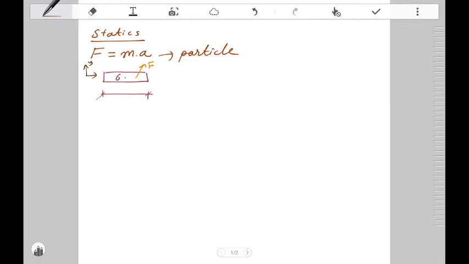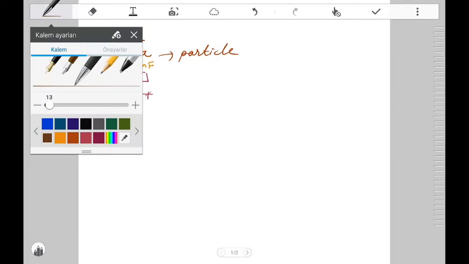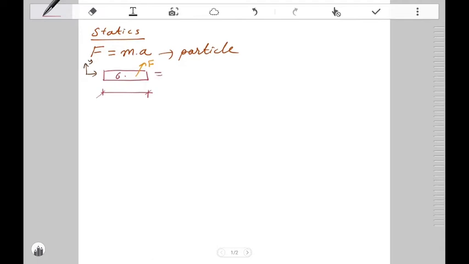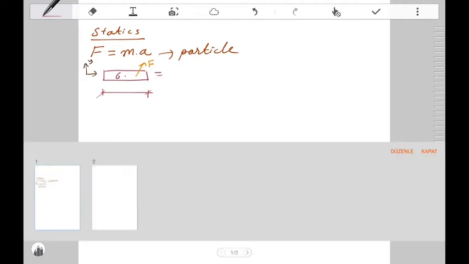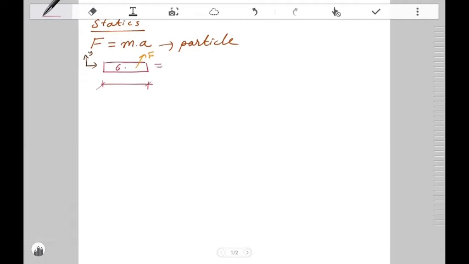Divide the motion into three components. First component is in the x direction, right? I know that it doesn't translate. I'm just writing the very general terms.